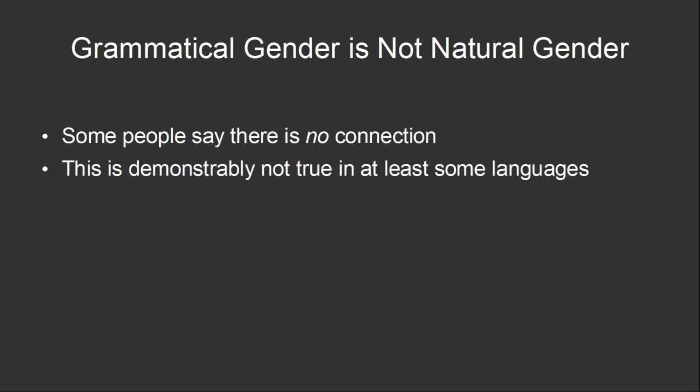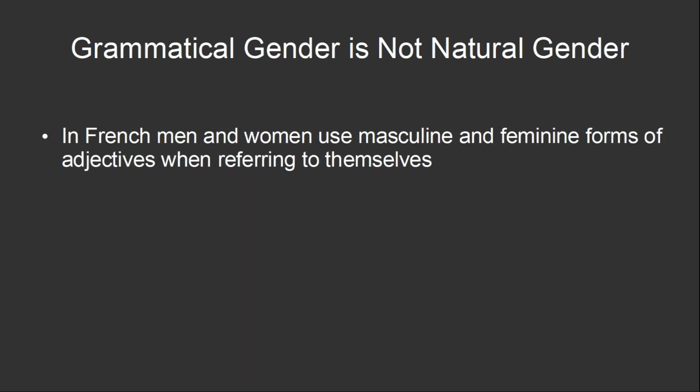Some people go so far as to try to claim that there is no connection at all between grammatical gender and natural gender. This is demonstrably not true in many languages. In French, the pronouns and adjectives used for male humans are the same as for grammatically masculine objects, and the pronouns and adjectives used for female humans are the same as for grammatically feminine objects.